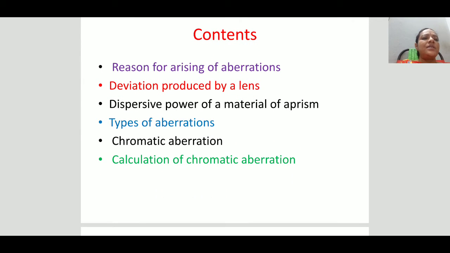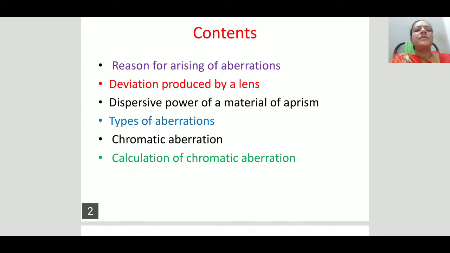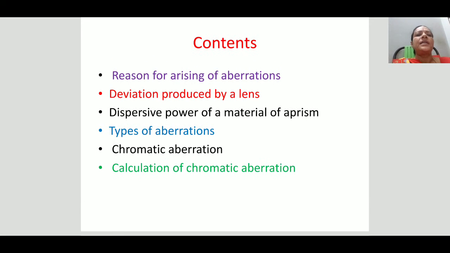In these aberrations, we are going to discuss these contents: first, the reason for arising of aberrations, deviation produced by a lens, dispersive power of a material of a prism, types of aberrations, chromatic aberration, and calculation of chromatic aberration.